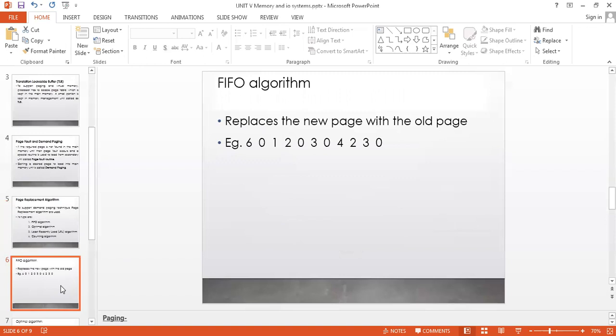Once the new page is loaded, the old page is automatically replaced with the new page, because the page size is fixed. So if 4 data items are stored in the page table and I add a fifth, the older data is replaced with the new one. That is first in first out service.